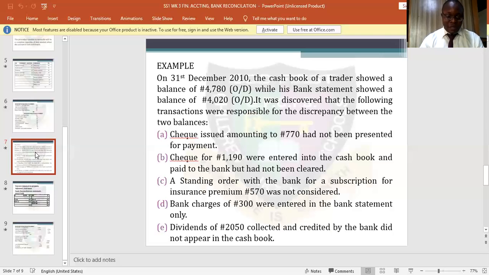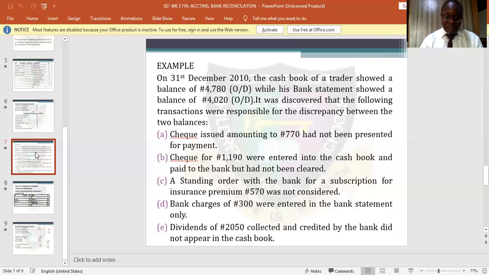Then B, check for 1,190 naira were entered into the cash book and paid to the bank, but had not been cleared. That is uncredited check. They have not cleared this check. I didn't mean that they have cleared it. This check should have been credited to the bank statement account.